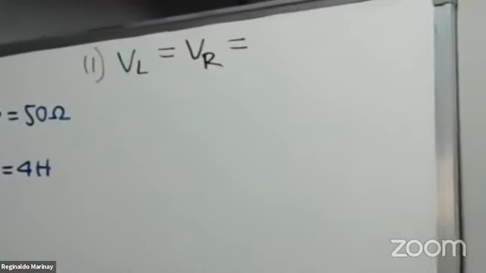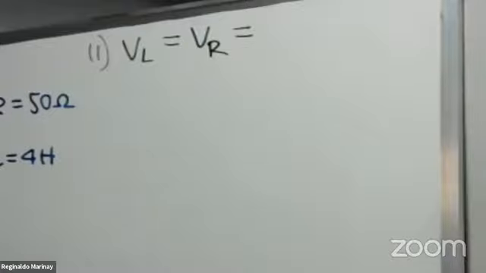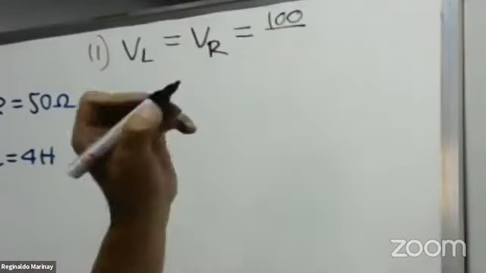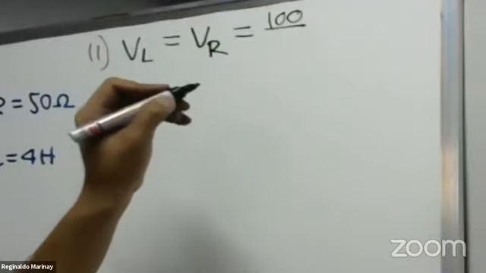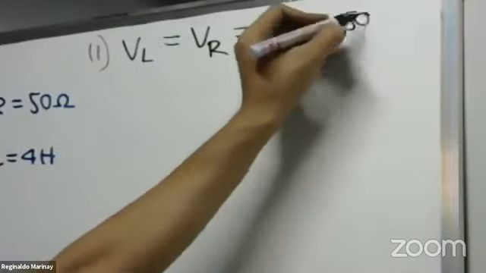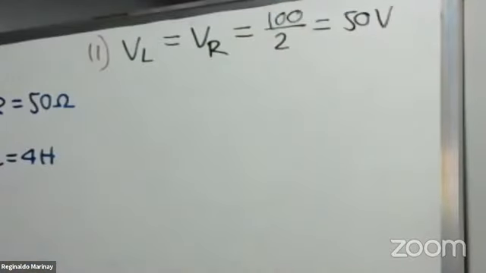What is our voltage? 100. So that should be 100 over 2, so we have 50 volts.